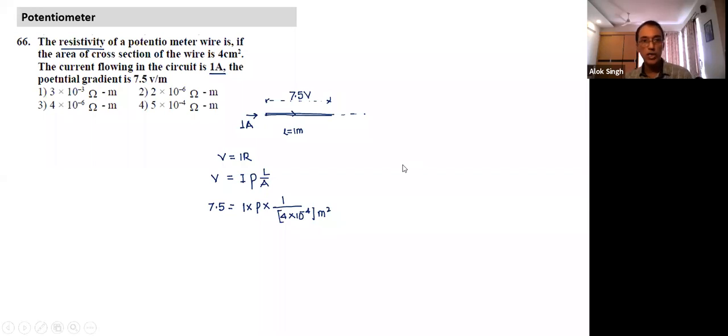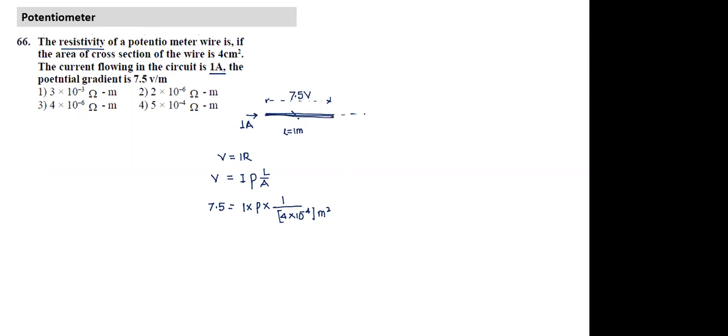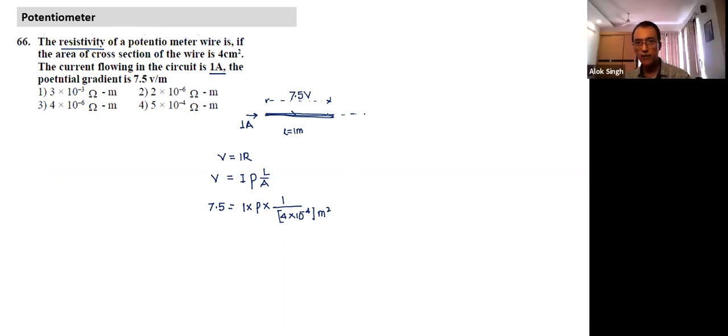What does potential gradient mean, Akshit? Potential gradient is 7.5 volts per meter. It means in 1 meter length of the wire, how much will the potential drop by? 7.5. So if I take 1 meter length of the wire, potential difference will be equal to 7.5 volts when the current is 1 ampere. This part is clear, Akshit?